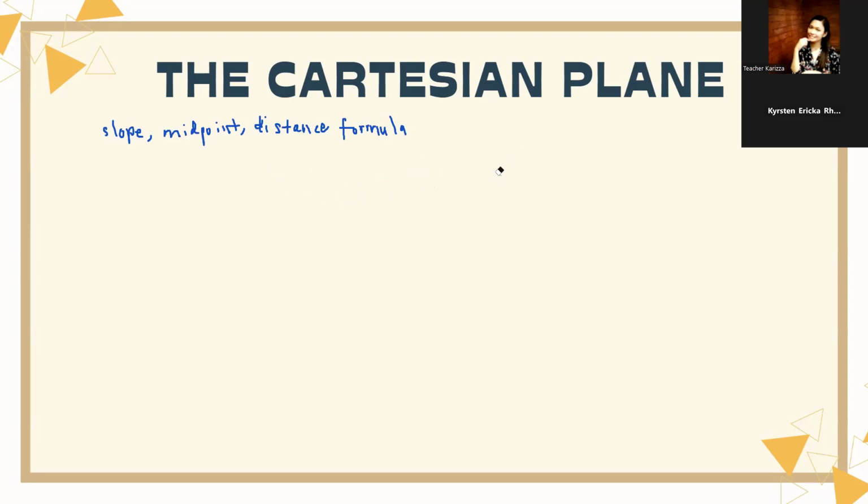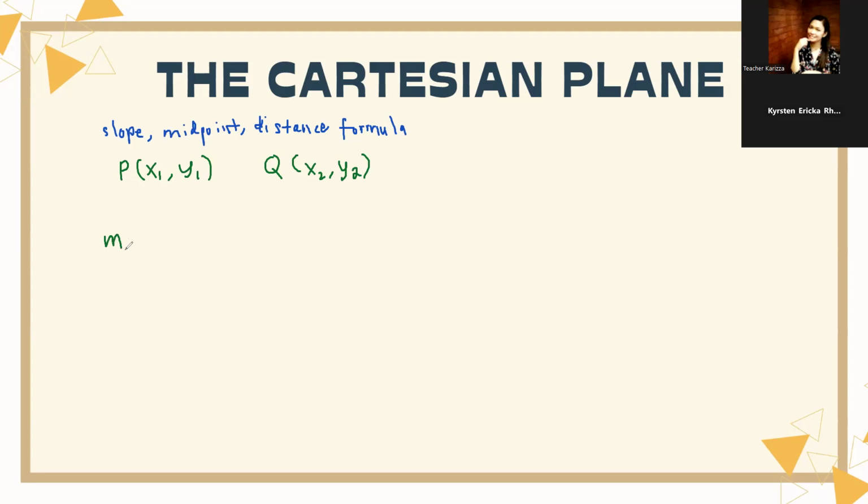So for slope, for any 2 points on the Cartesian plane, let's say we have point P and point Q, of course, they will have their own coordinates. So let's call them x1 and y1 to refer to set 1, and then we have x2 and y2 to refer to set or pair 2. So for slope, in math, we refer to this as the small letter m.